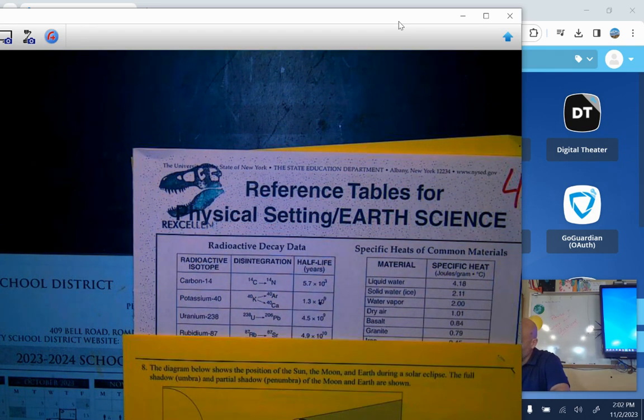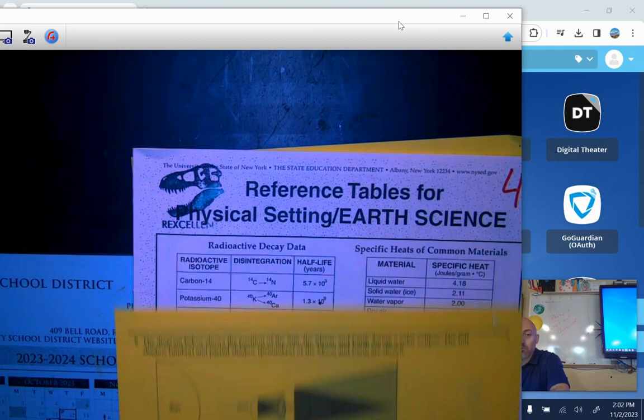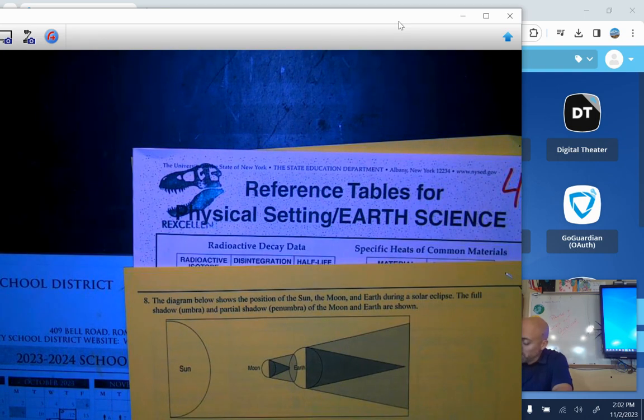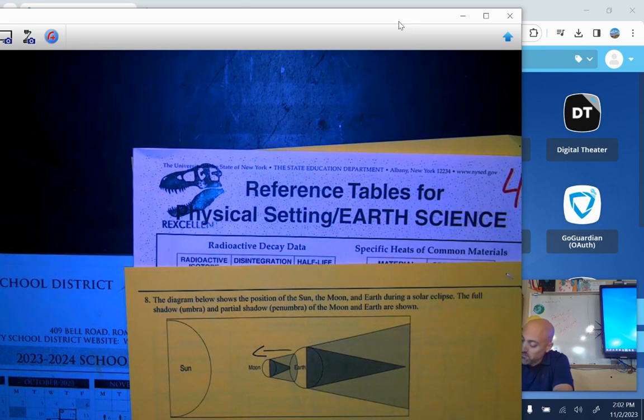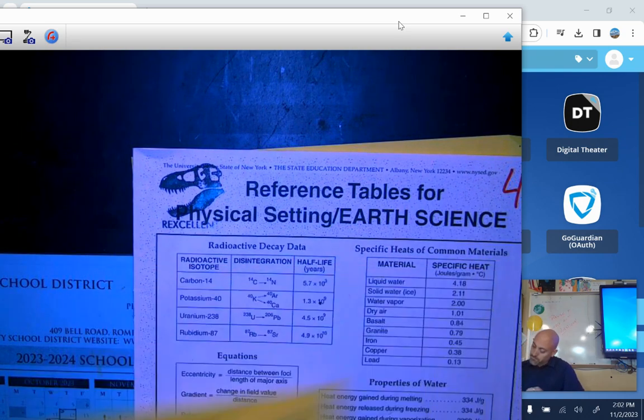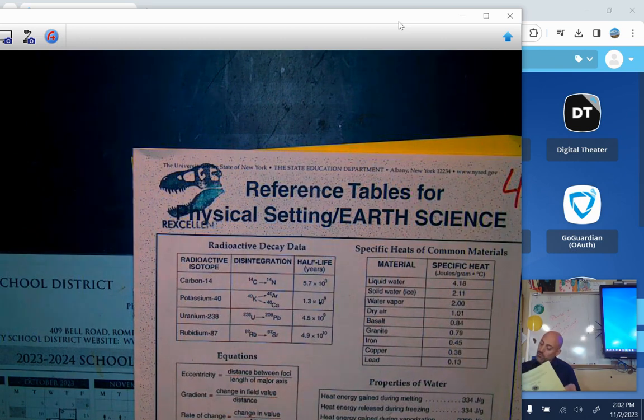More moon questions, phases of the moon. What would you see? This is a type of eclipse. Since you're on Earth and you're looking towards the sun, the moon is blocking out the sun. So that would be a solar eclipse. Phases of the moon. How long does the moon take?